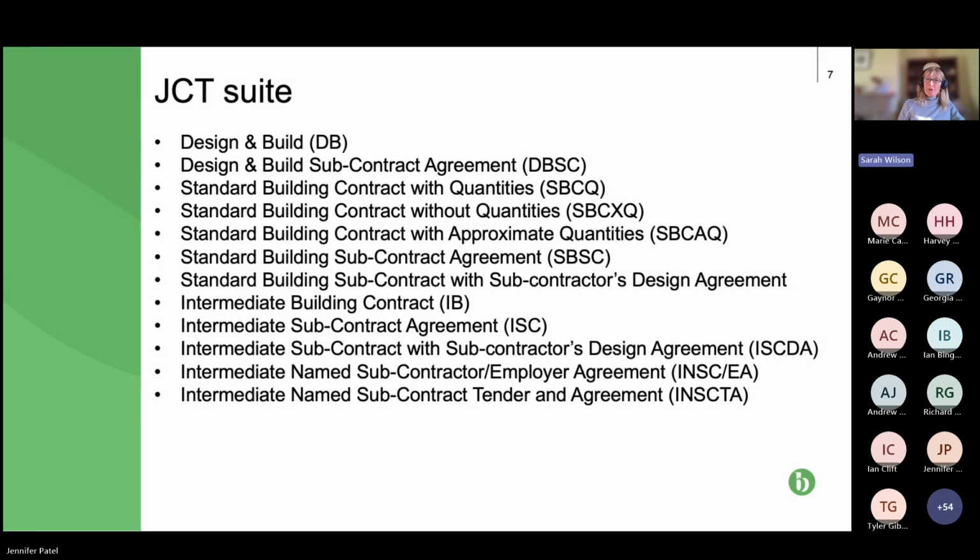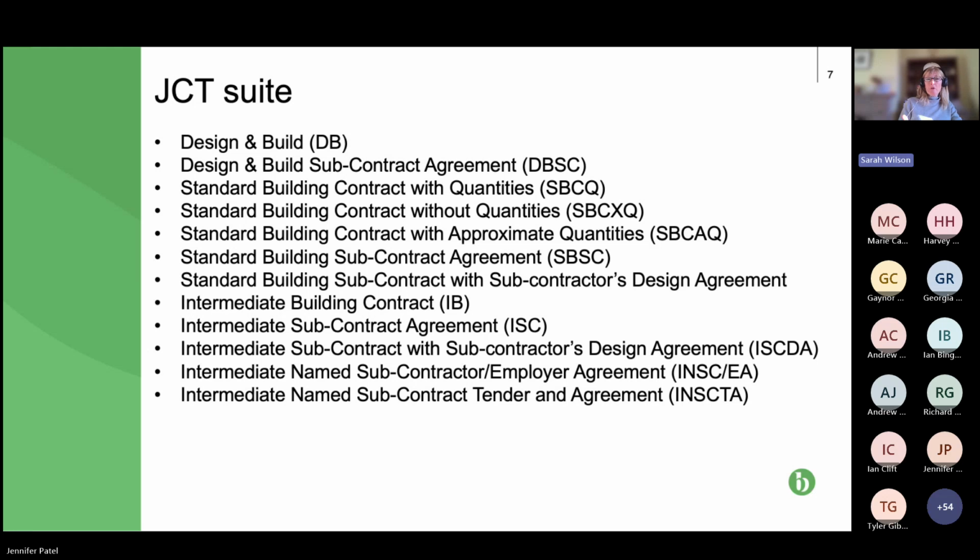So this is the first of 3 slides setting out the JCT contract. So immediately there are far more in this suite. That's partly because they are a mixture of the contract, the subcontract, and, oh no, there's no short forms here.